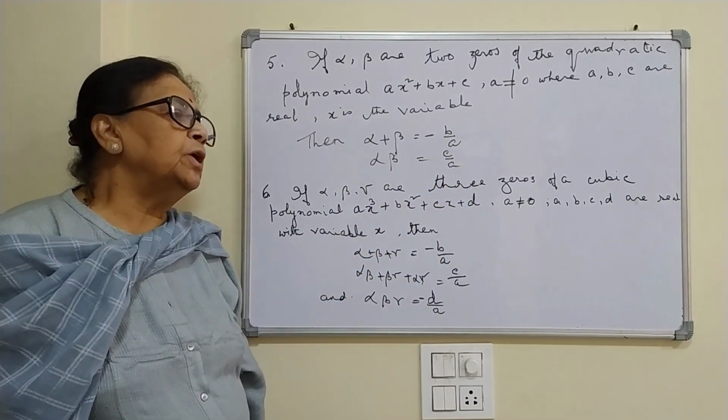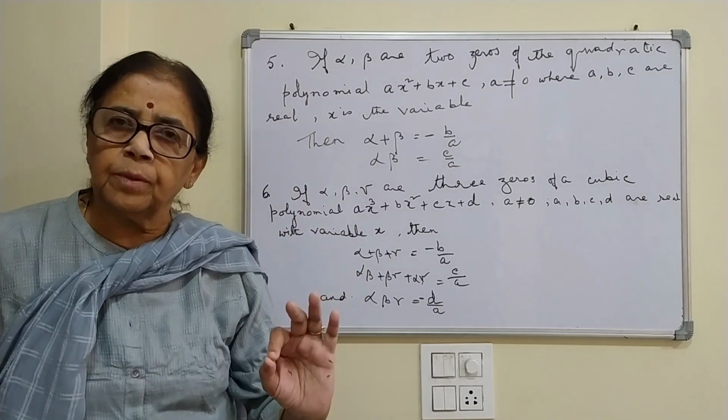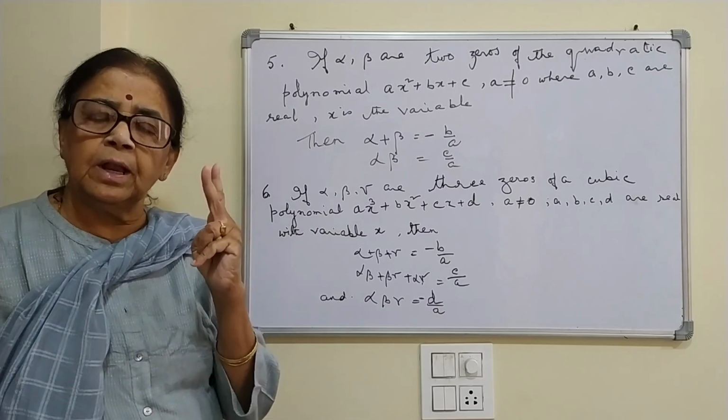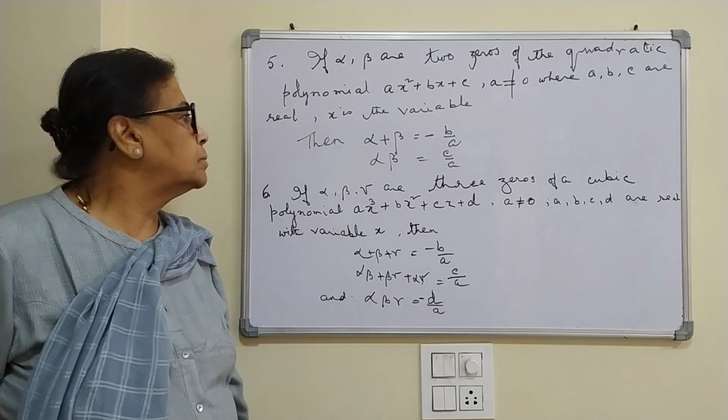The quadratic polynomial will be of degree 2, and it will have maximum 2 zeros.